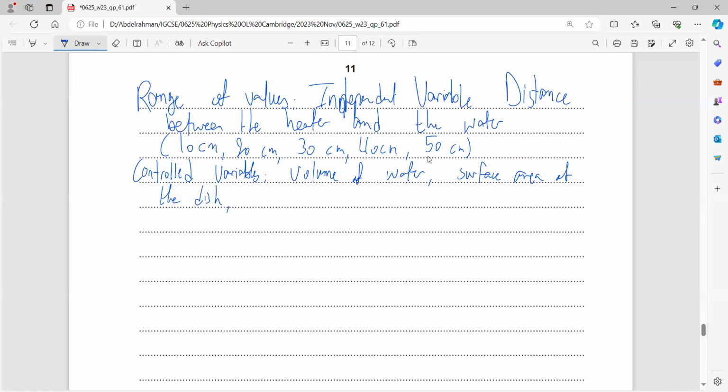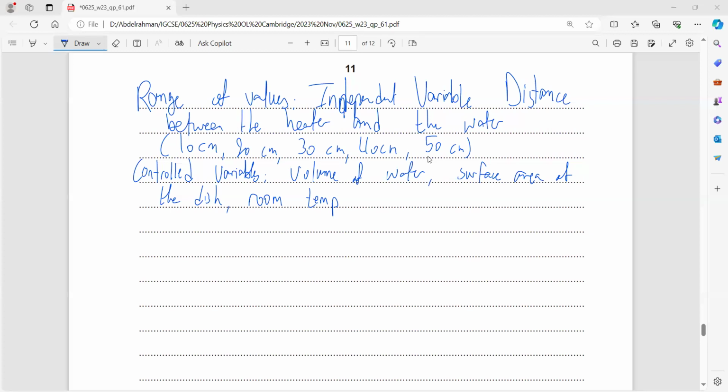So volume of water, surface area of the dish. We can also say the room temperature. Room temperature. Right. Here I can't say that the controlled variable is the distance between the heater. You can't do that. These are some of the controlled variables: volume, water, surface area. If you have any other controlled variables you can just write it down.